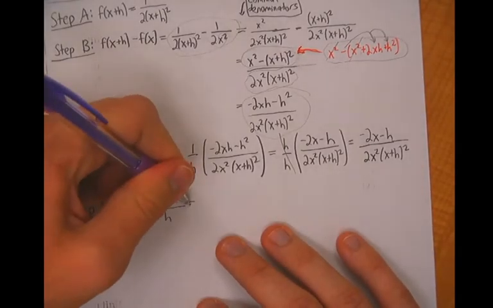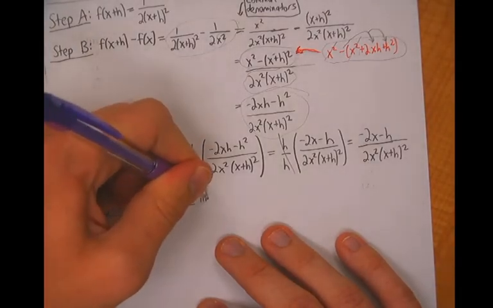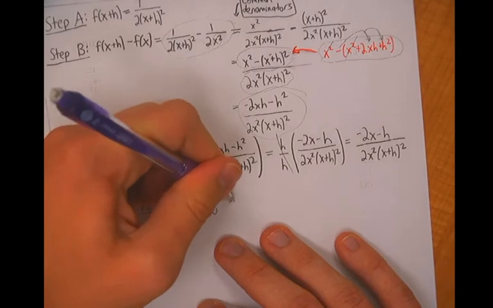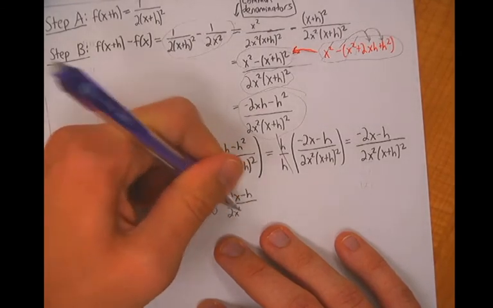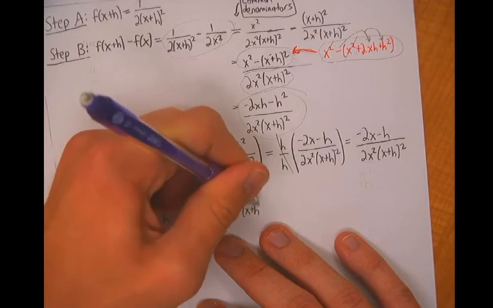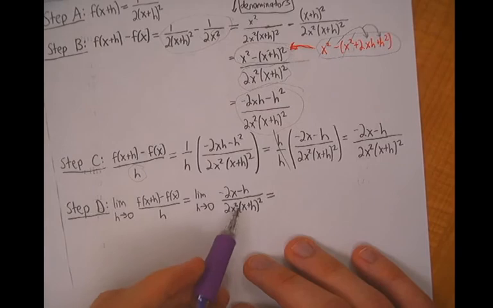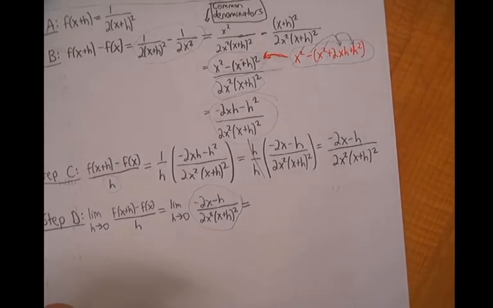Well, that's the same thing as, based off of step C, the limit as h approaches 0 of negative 2x minus h divided by 2x squared times x plus h quantity squared. So then if we let h approach 0 in this expression here, what should we end up with?